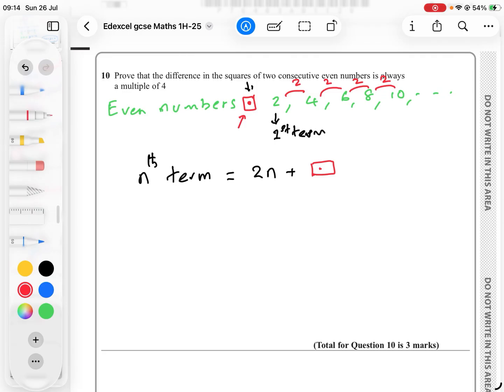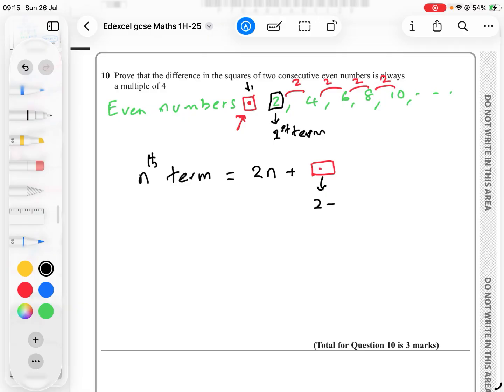To do this, subtract the common difference from the first term.